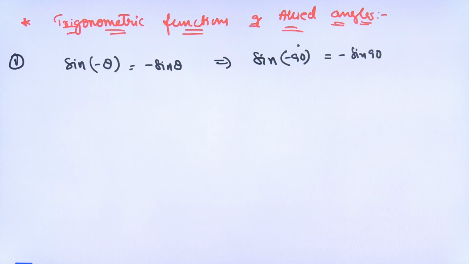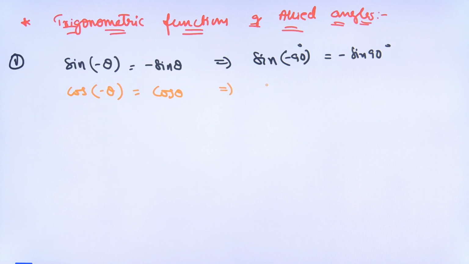Getting this difference? The same thing with cos: if we get cos minus theta, then you should write cos theta. Are you seeing this difference, students? Here we are writing minus, here we don't write minus.